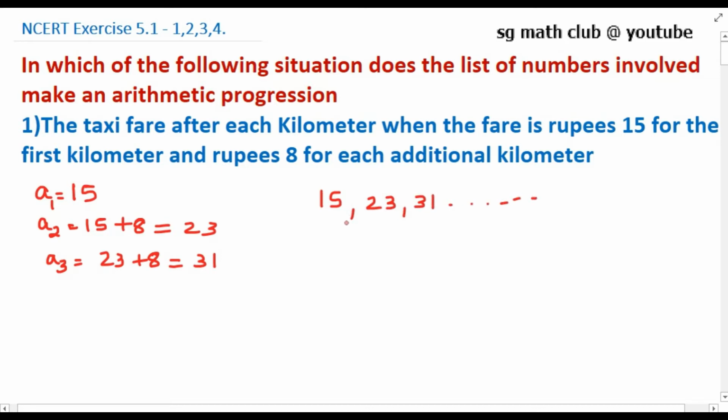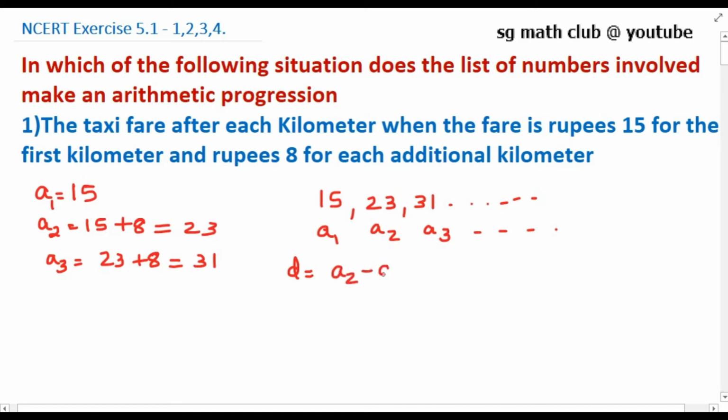Now how will you check whether this is in AP or not? This is the first term, second term, third term, etc. We'll check the common difference. If the common difference is the same in all cases, then this forms an AP. The small letter d stands for common difference.